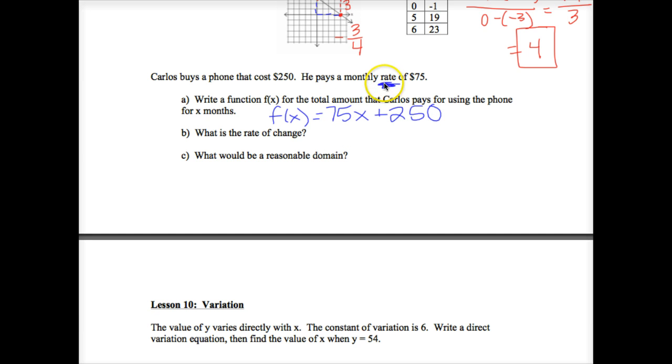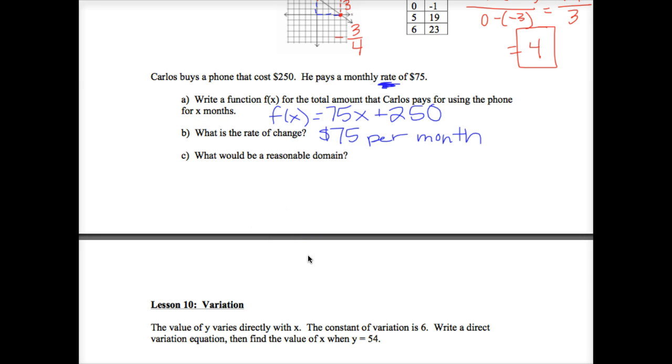So it tells you the monthly rate. So the rate of change, or the slope, is 75. With units, we would say $75 per month. Now, because it didn't say with units, I would accept just 75 here. But remember, you could also ask this question, what is the slope?